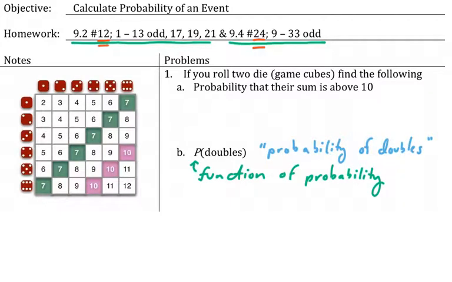So here for the first one, let's look at it. It says that the sum is above 10. So I've included this nice little graphic over here. And if their sum is above 10, that means we are looking at not 10, because it has to be greater than 10. So 1, 2, 3 possible outcomes when you roll the 2 die. And so probability states that we're looking at a fraction where we have the desired outcome, the things that we actually want, that we're interested in, over the total number of outcomes.